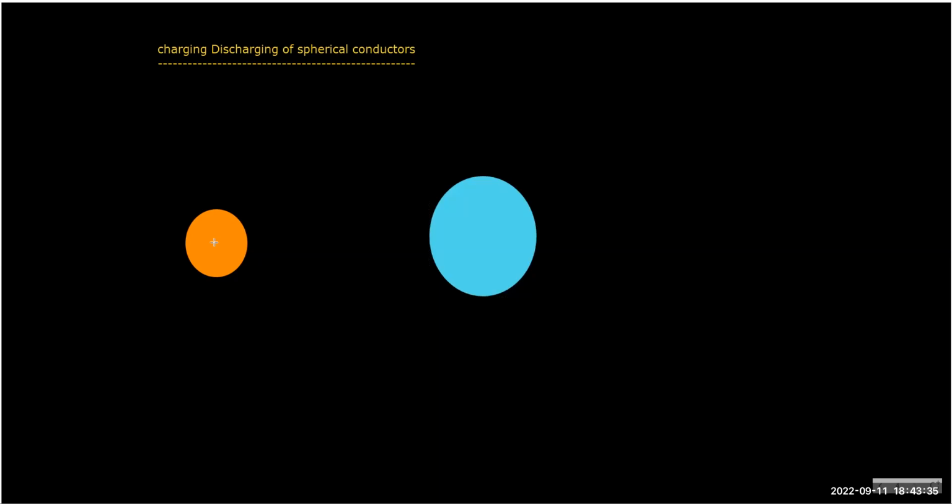The first one will have the radius, let's call R1, and the second the radius R2. And now we have a conducting wire with a switch. And the first conductor is given a charge, let's say Q1.